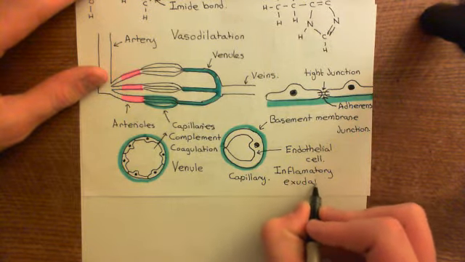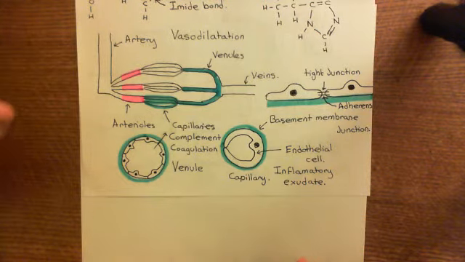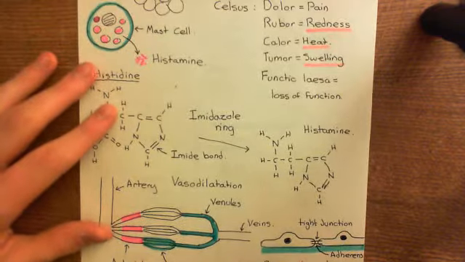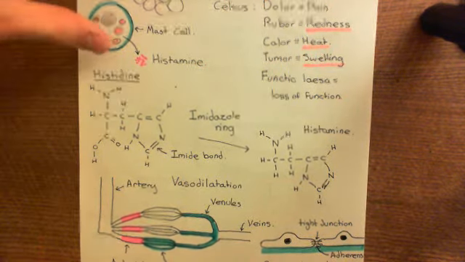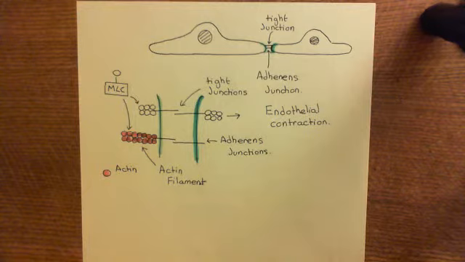And this causes the volume of the interstitial fluid to go up considerably, and this is what leads to the swelling, the tumor of the 5 pillars of inflammation. So it's the opening of these gaps in between the endothelial cells, due to the endothelial contraction, that causes the swelling of the inflamed area.